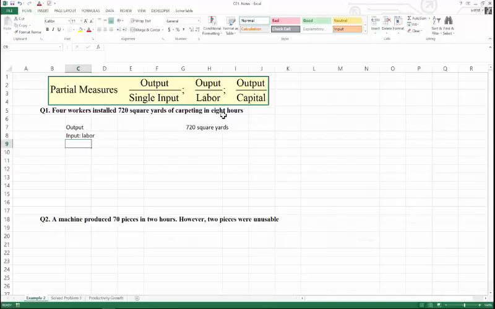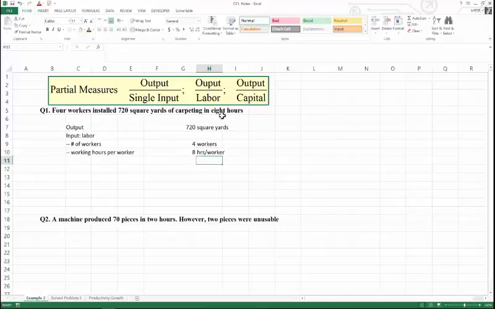All right. So now let me note this information. We know the number of workers, which is 4. And then we also know the working hours per worker. It says it is 8 hours per worker.